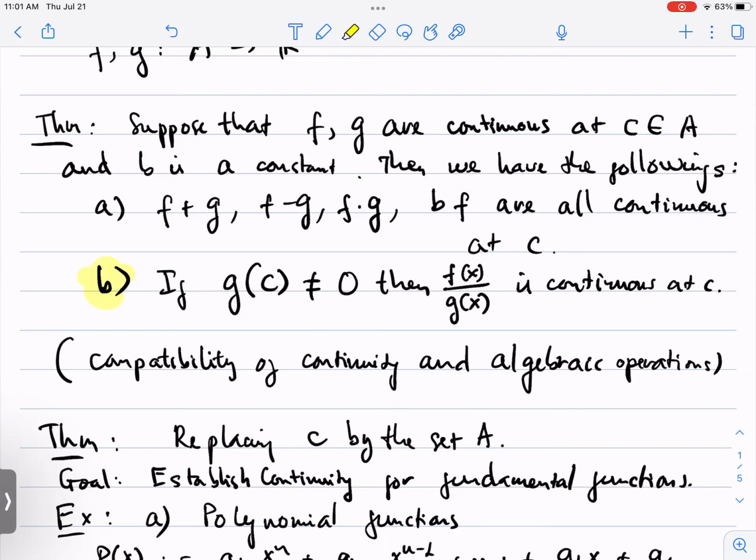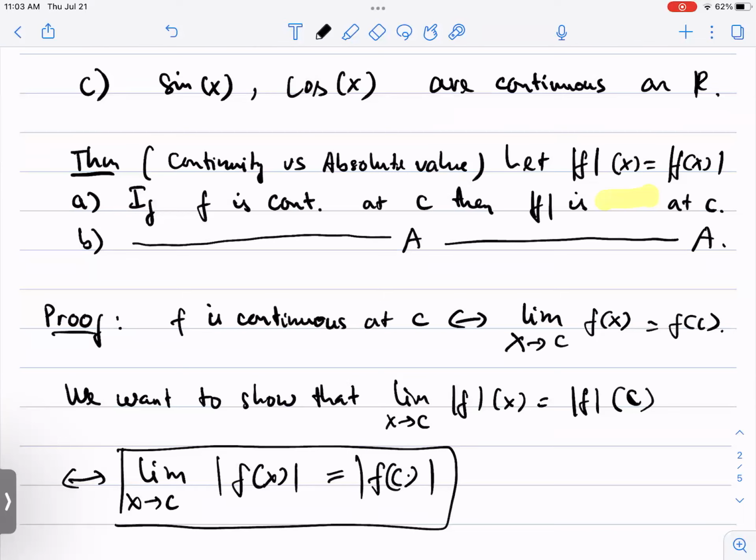The theorem says that if the function f is continuous at c, then the absolute value function, the absolute value of f, is also continuous at c. Similarly, we can replace c here by the subset A.